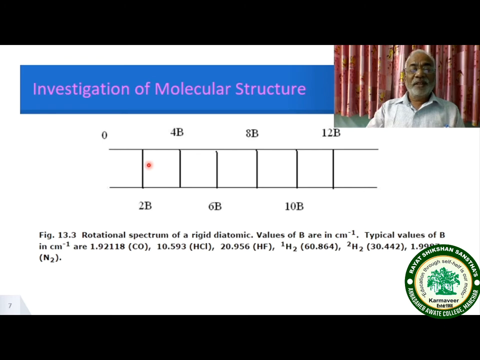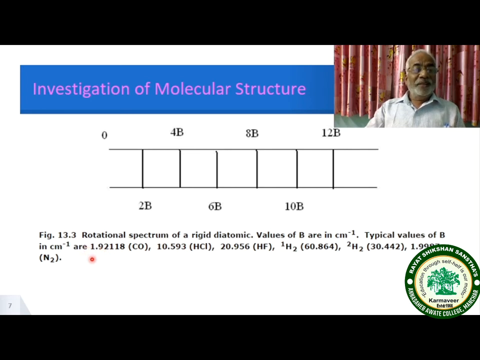From this difference, if we obtain the value of 2B, one can evaluate the value of the rotational constant, that is B. The rotational constant values obtained for the carbon monoxide molecule, CO, is 1.92118 centimeter inverse. For the hydrogen chloride molecule it is 10.593 centimeter inverse. For hydrogen fluoride it is 20.956 centimeter inverse. You will find this value is more, this value is less, this value is again still less.